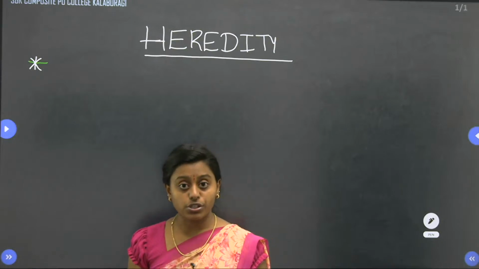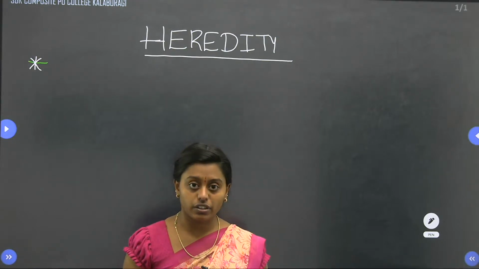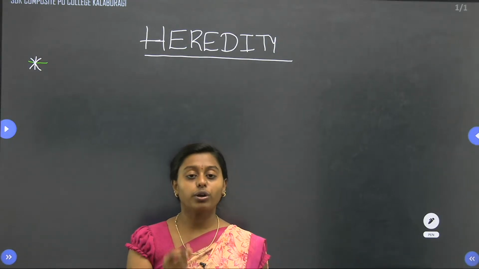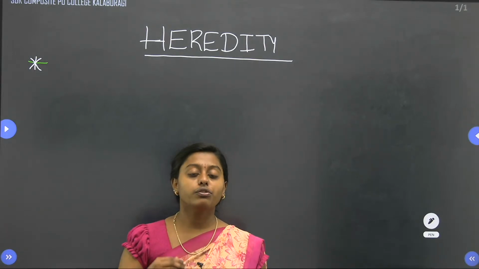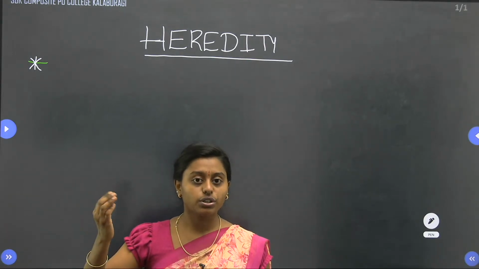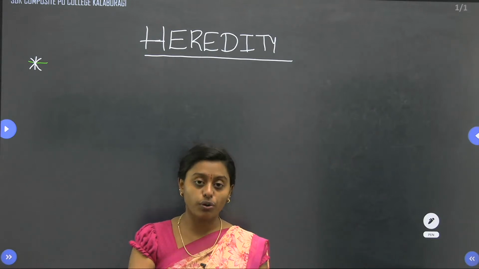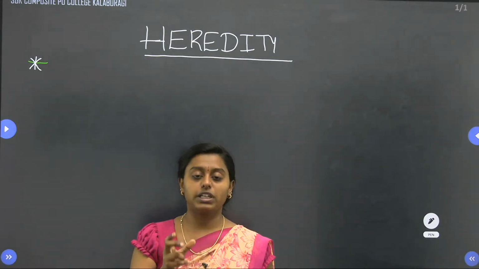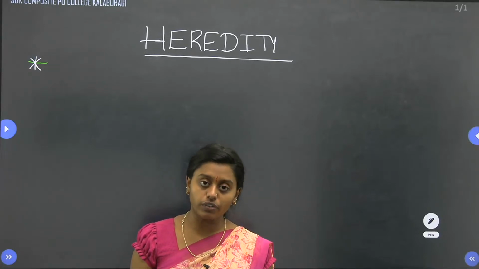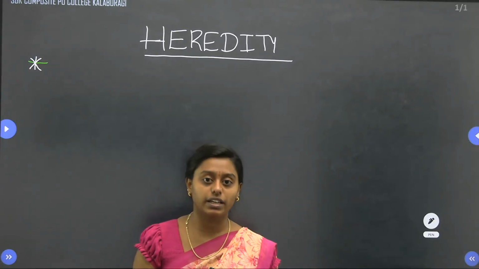The process of transferring traits or a particular character from the parental generation to the next generation, their respective offspring, we term it as heredity, or we can also call it inheritance.